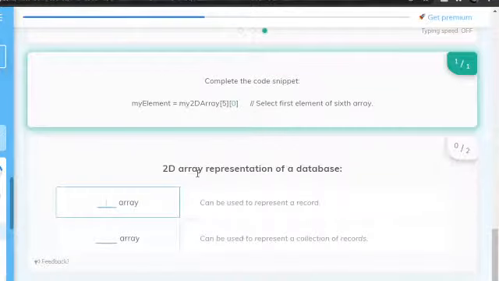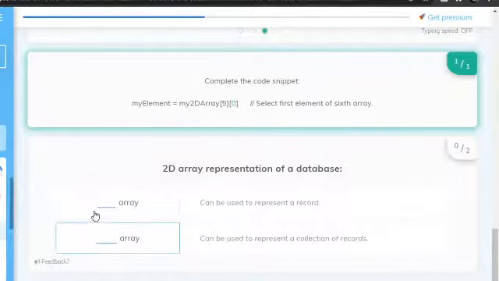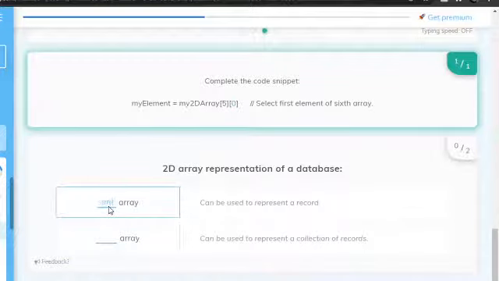So 2D arrays could be represented as something and something arrays. Something array could represent a record. That's a normal array, I guess. Well, this one's a 2D array. Single and multiple? Can be used to represent a record? I've been looking at this and I have no clue.